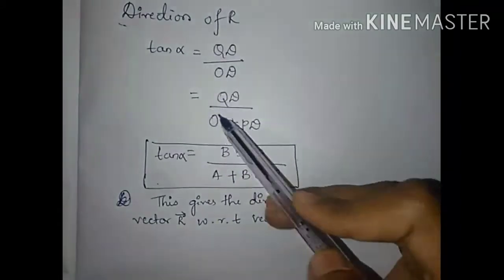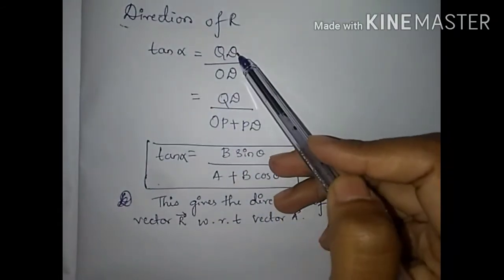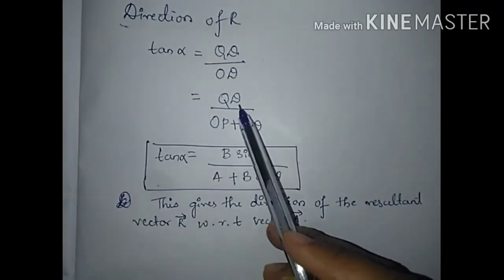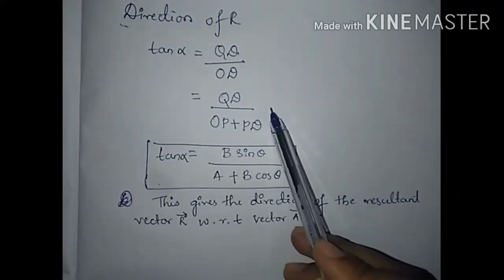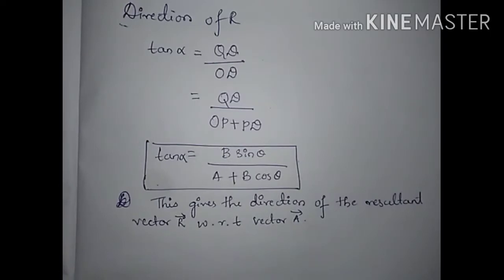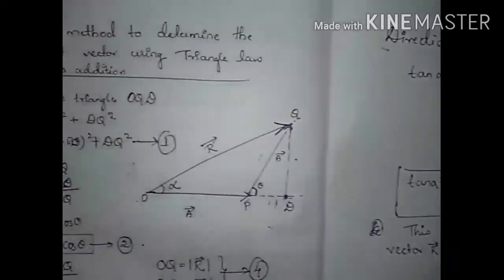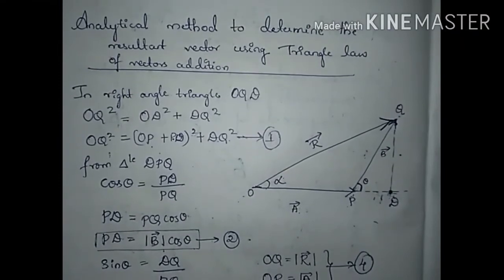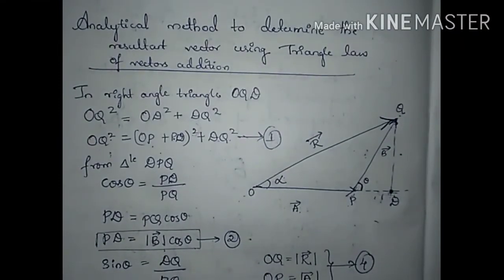The direction is easy. If you know what QD and OD are, and from the last derivation we found OP and PD, then this is the analytical method to determine the resultant vector using the triangle law.